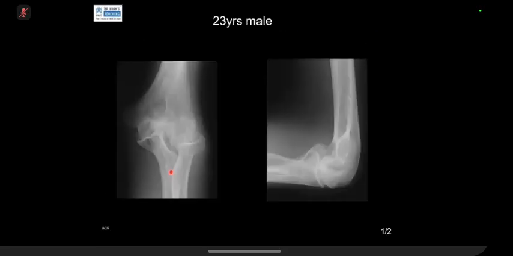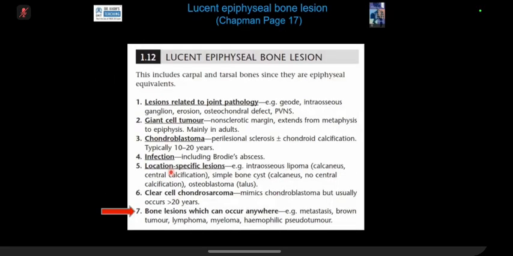Some cartilaginous tumors, which I don't remember well. So in that case, just one second. Look at this. Lucent epiphyseal bone lesion. This includes carpal and tarsal bones since they are epiphyseal equivalent. Okay, so we can think about that.